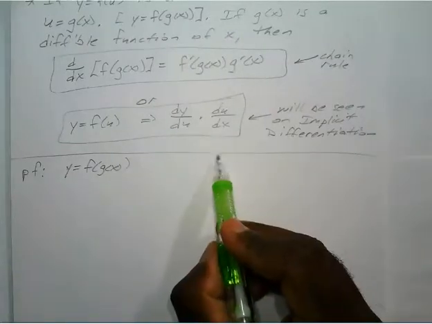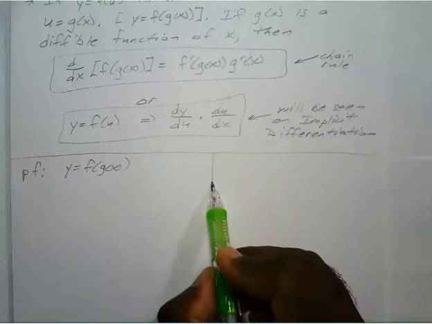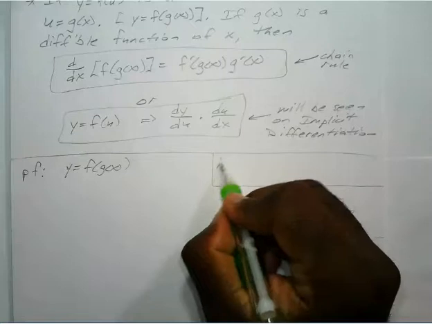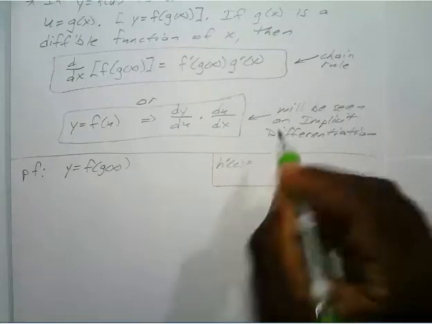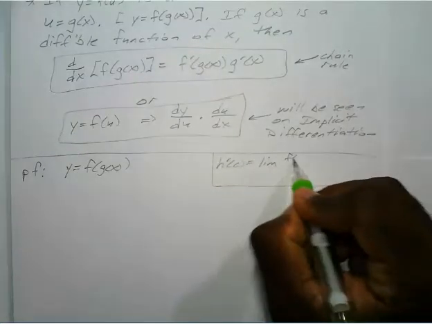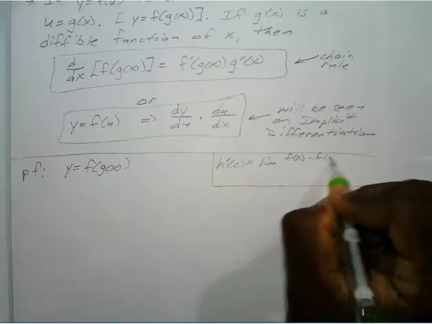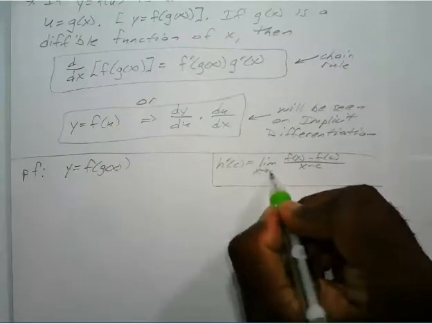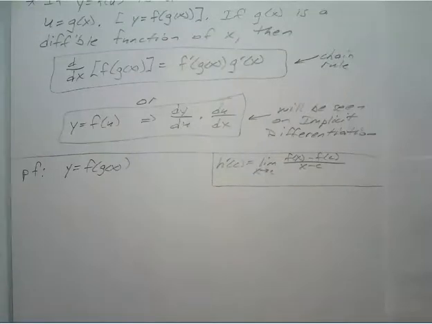Now if you remember, h prime of c is equal to the limit of f of x minus f of c all over x minus c as x approaches c. Now that's just your limit formula for the derivative.